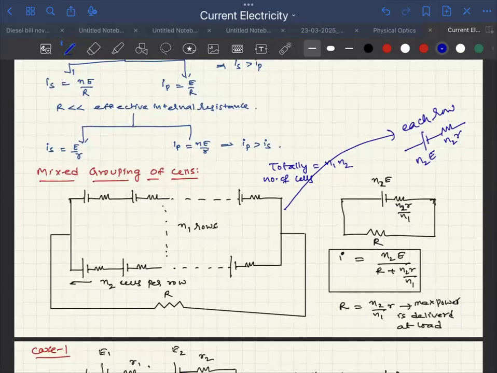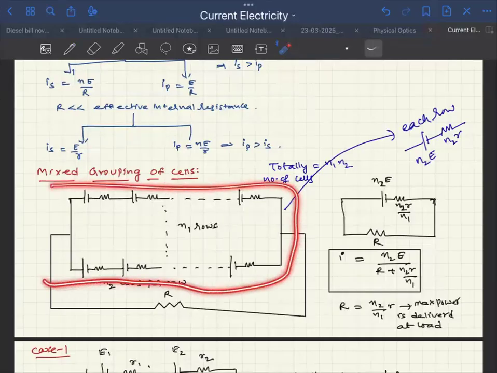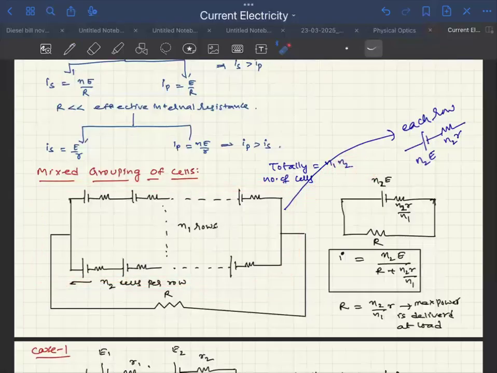EMF still remains N2E and the effective internal resistance becomes N2r by N1. This entire box can be replaced with a single box of EMF N2E and internal resistance N2r by N1, and this entire thing is connected to the load capital R.